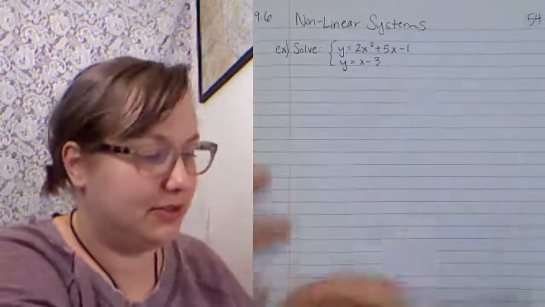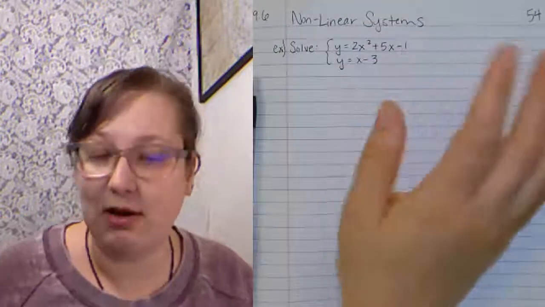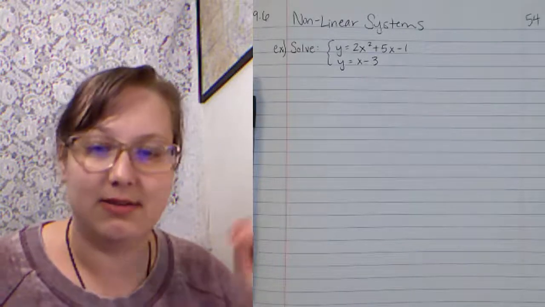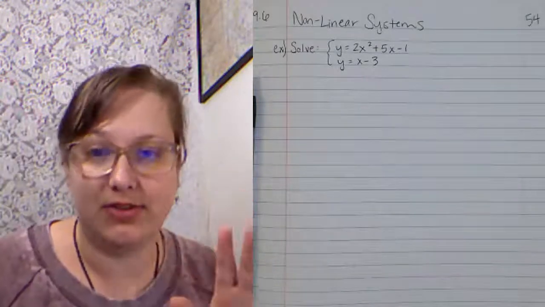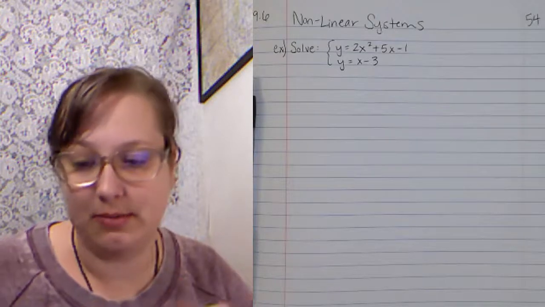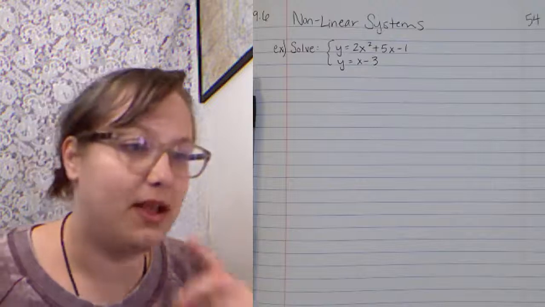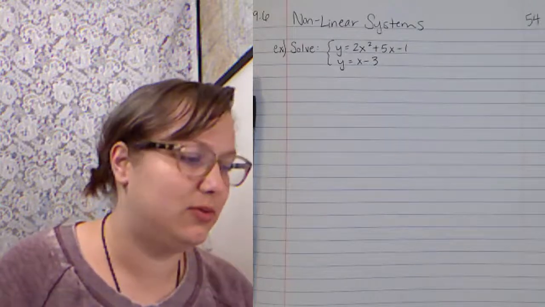Okay, so here's what we're going to do. See how both of these equal y? It's y equals 2x squared plus 5x minus 1, and y equals x minus 3. Those are my 2 variables. And this is going to be true for all of them.